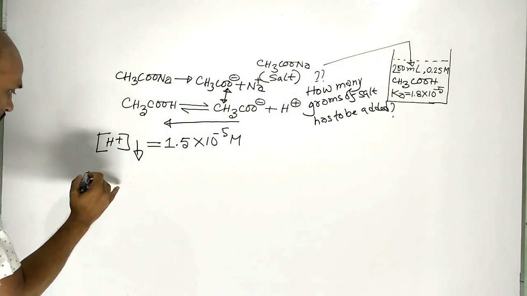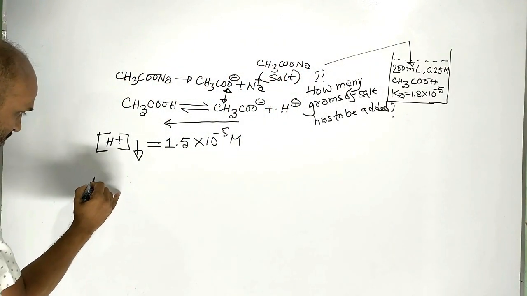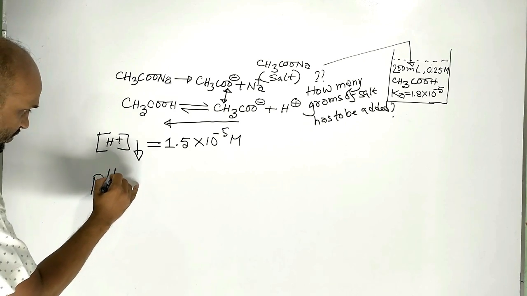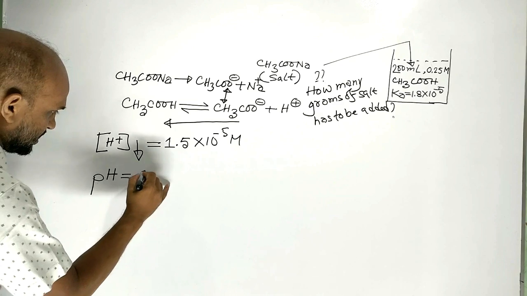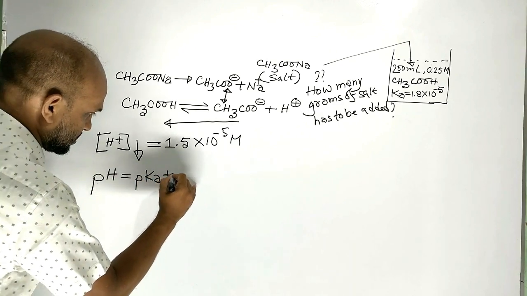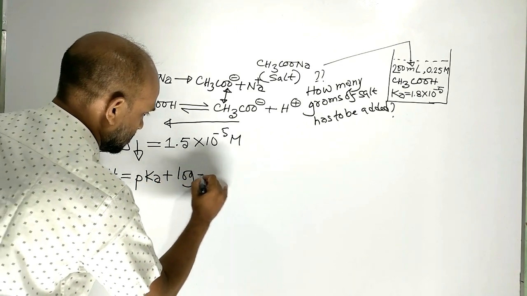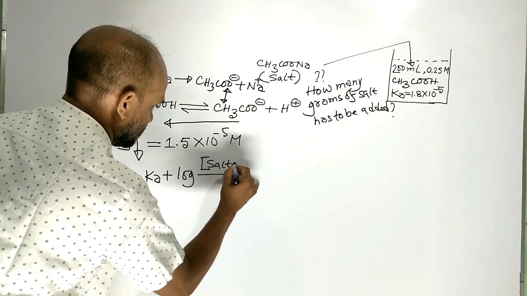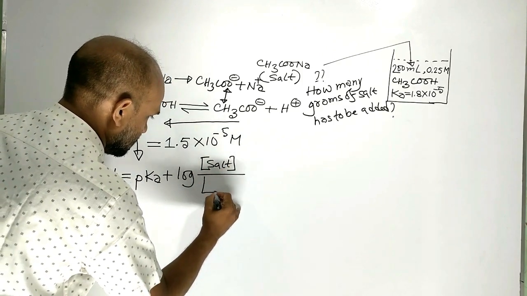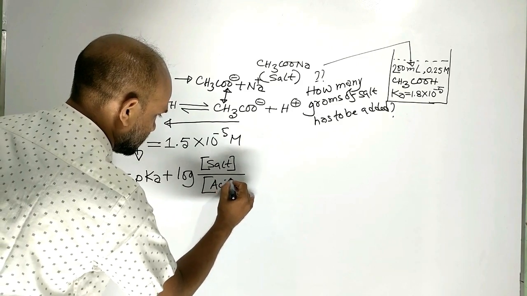Now we know the Henderson-Hasselbalch equation for acidic buffer solution: pH is equal to pKa plus log of concentration of salt divided by concentration of acid.